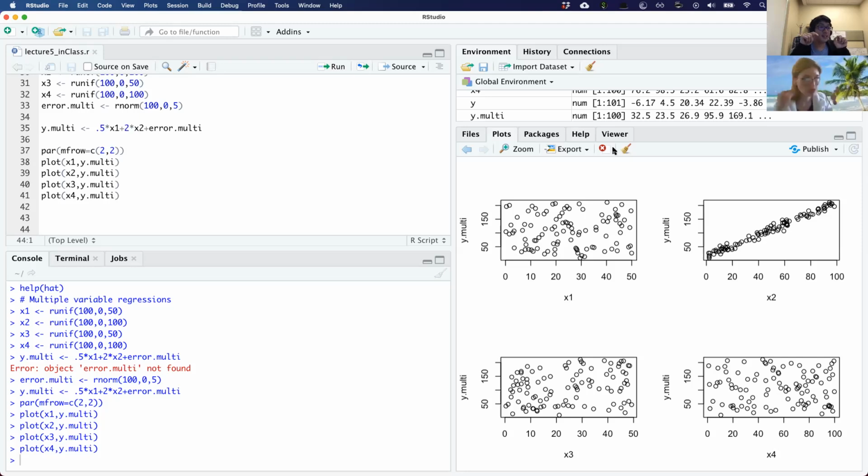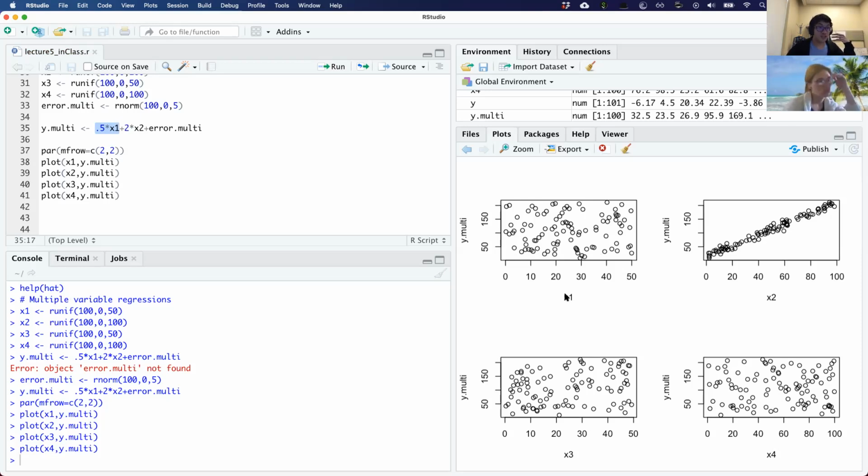between my x's and my y's that is particularly obvious in x2. But what's really interesting is that x1, which we've explicitly denoted here as one of the variables that influences my y, appears, like these other ones, as though there isn't a relationship. This is a visual warning for you.